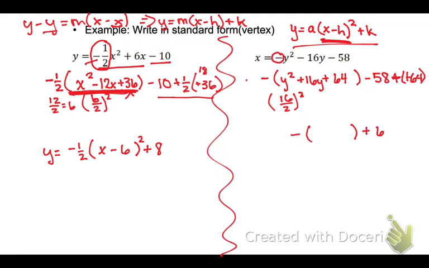Okay, and factors of 64 that add to 16: 8. Now, I put those y's in there to show you it doesn't matter what the variable is. No, it does not. Now, the shape of this would be completely different, but that's not what I'm asking you.